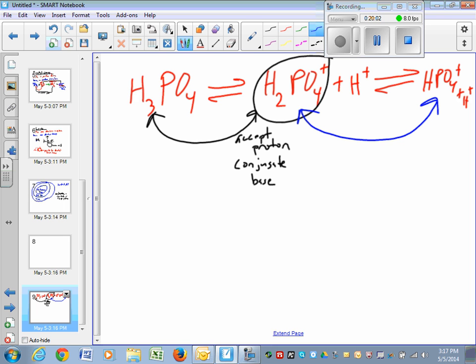But if it's working with HPO4, it can actually donate a proton, and then it's a conjugate acid. During class, we're going to spend some time working with identifying the different types of acids.